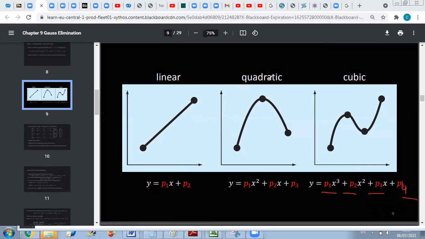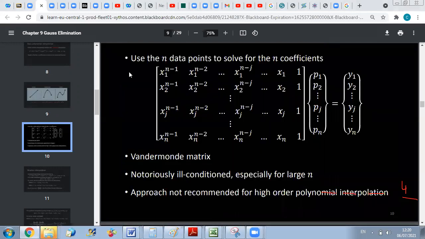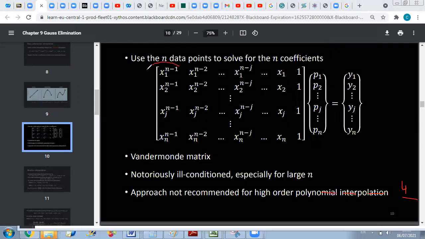Now, for the solution of these coefficients, we can go back to our previous chapters to solve a linear system of equations. You can summarize this linear system of equations by writing it in matrix form, where matrix A will be, let us try together to see why this is the form of the matrix.